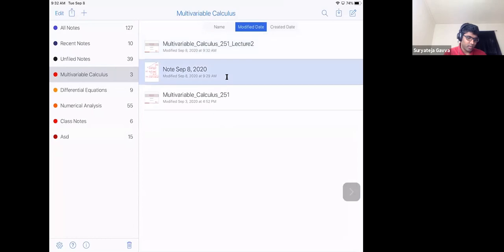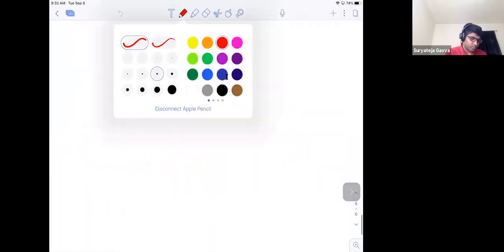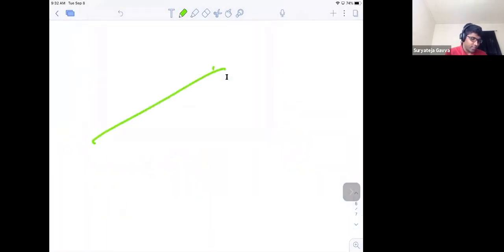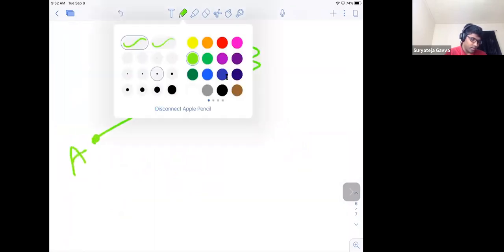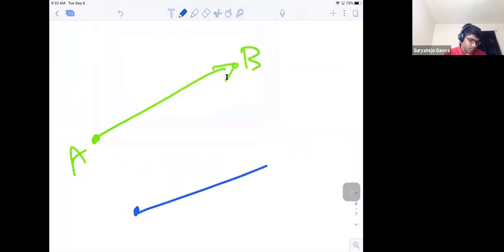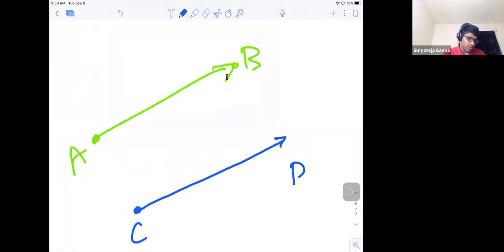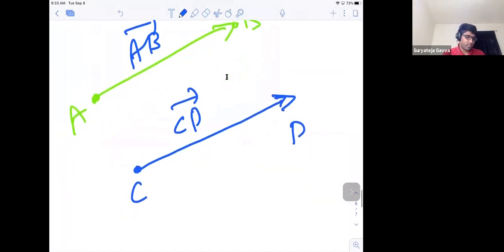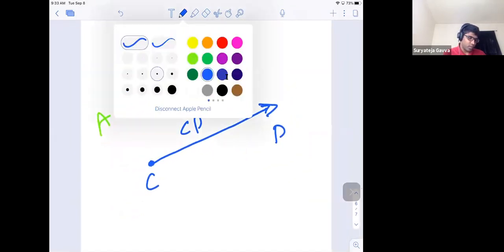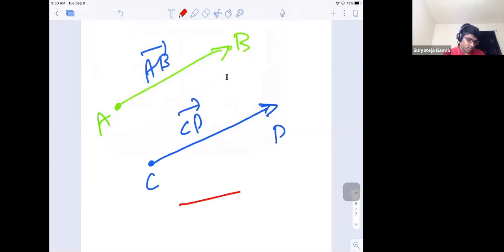So let me draw something. If you have a vector like this, this is AB, and this is CD. Do you think these vectors are equal? Okay, what about this?